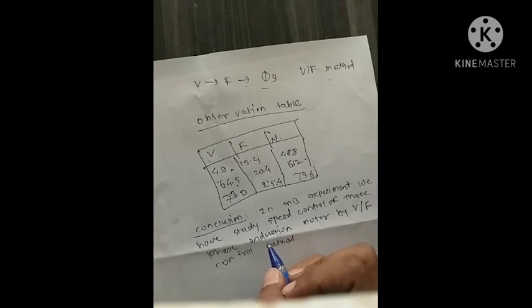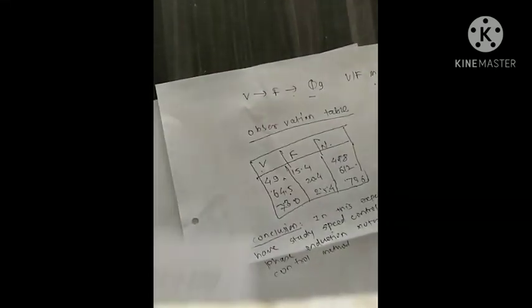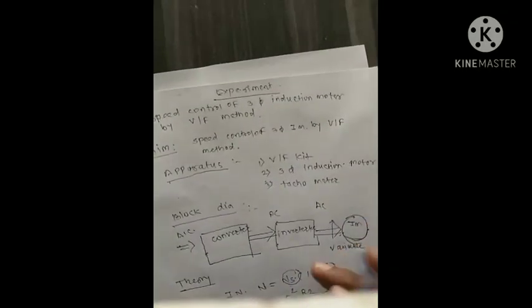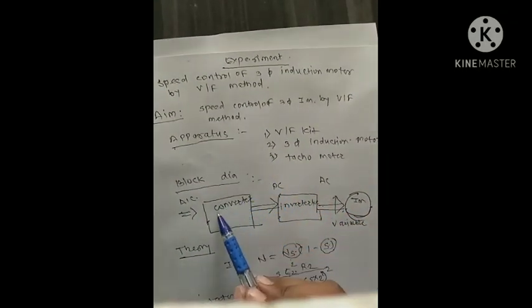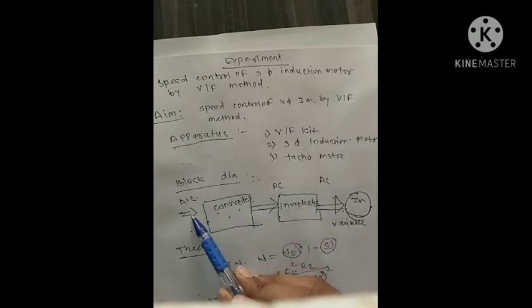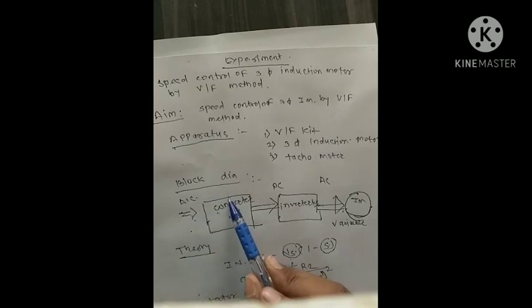This topic comes in the subject Electrical Machine 1. Speed control of three-phase induction motor by the V by F method, you understand very well. You only have to understand this block diagram, where a converter and inverter are used. The converter is used to convert AC to DC.